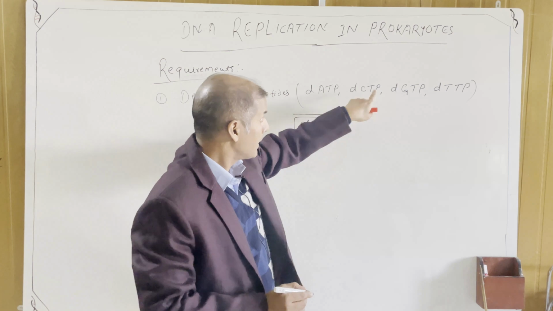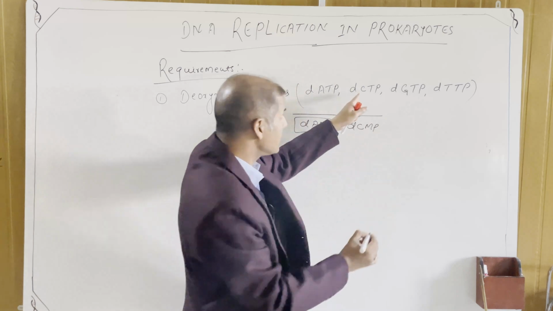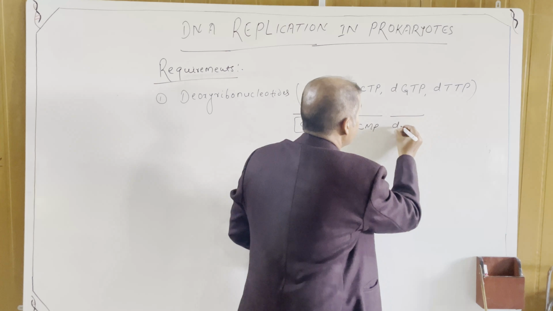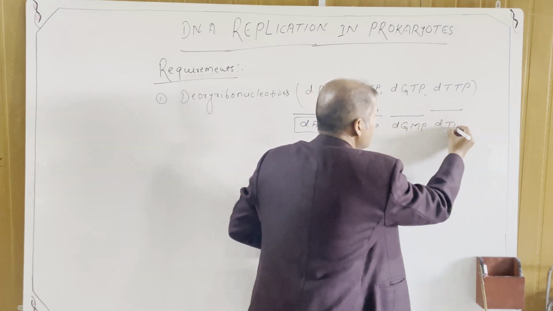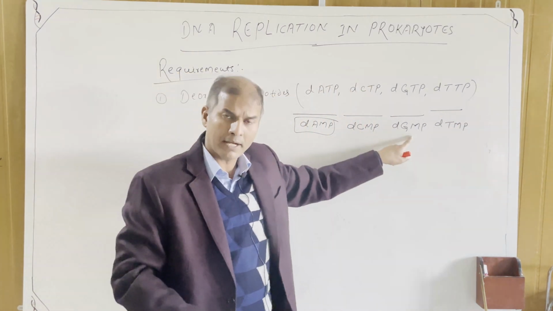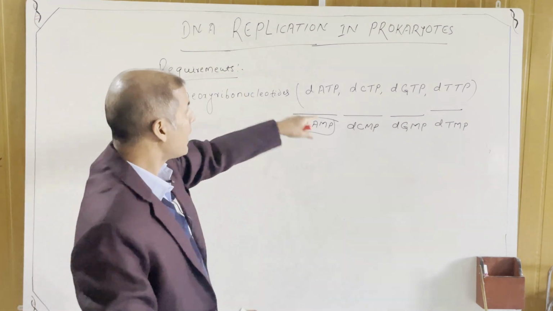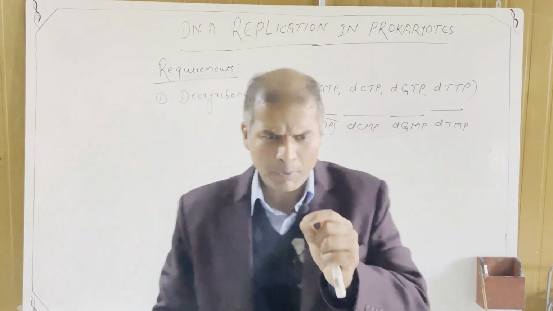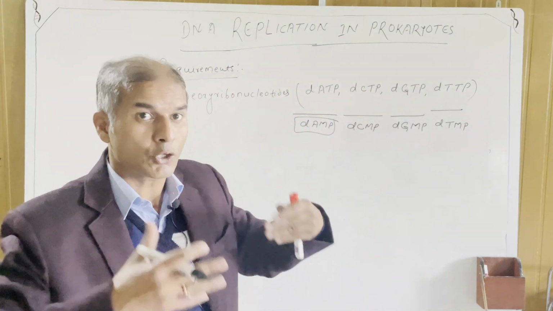Then dCTP is inserted in the form of dCMP, but required in the form of dCTP. dGTP is inserted in the form of dGMP, and dTTP is inserted in the form of dTMP. That is, all the deoxyribonucleotides are inserted in the form of monophosphate, but they are required in the form of triphosphate. So we have to know why these triphosphate molecules are needed as a raw material.